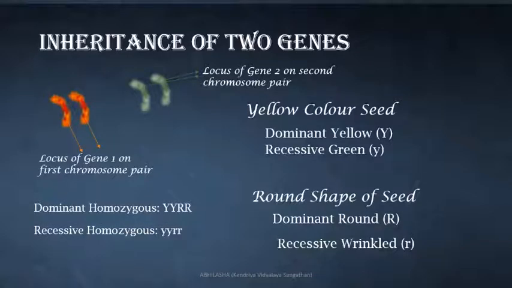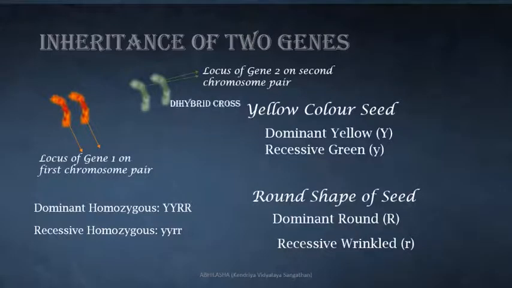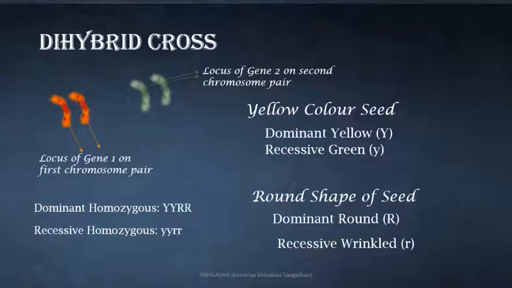Now, if we cross a YYRR plant with a small yyrr plant, this type of cross is known as a dihybrid cross, a cross where the simultaneous inheritance patterns of two genes are studied.